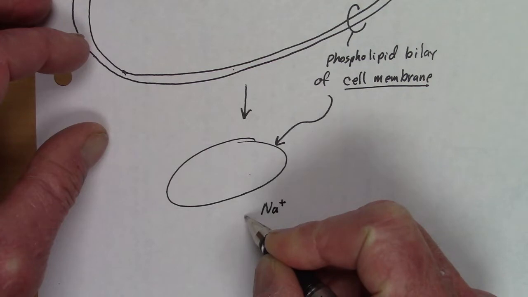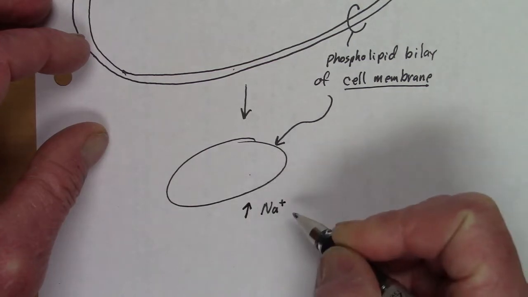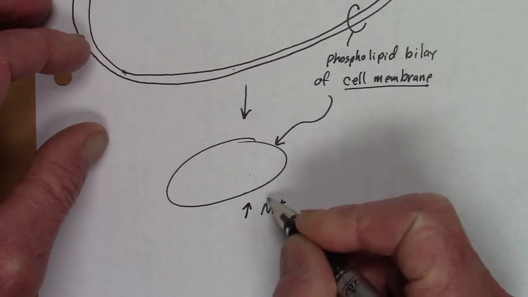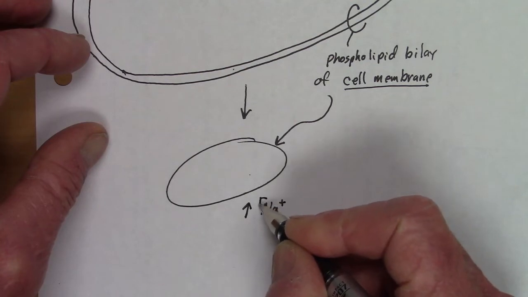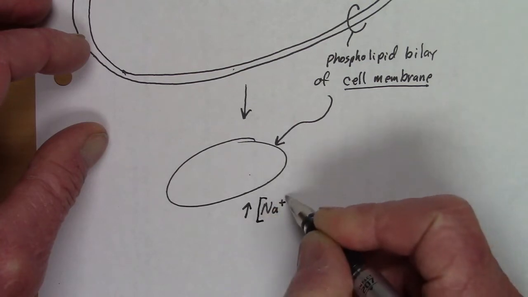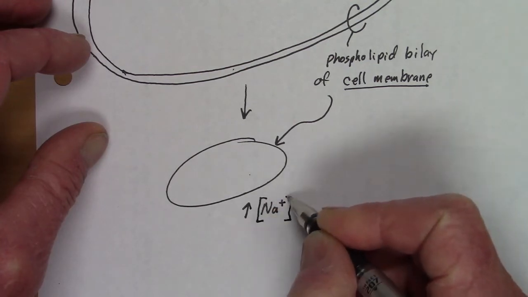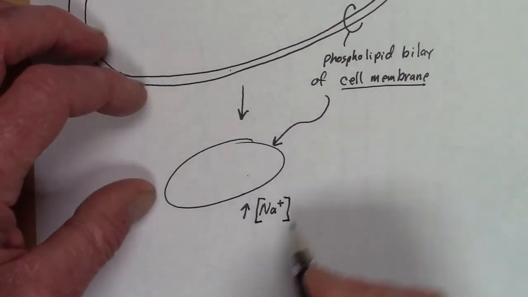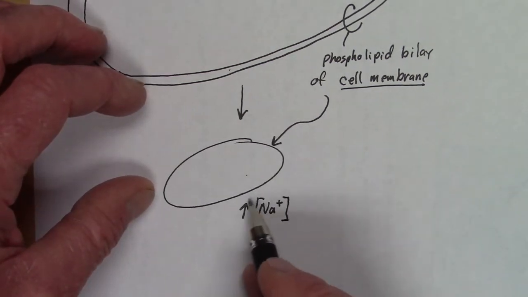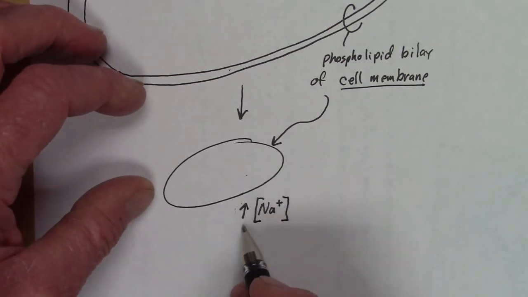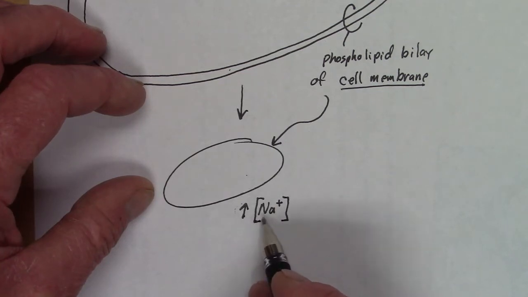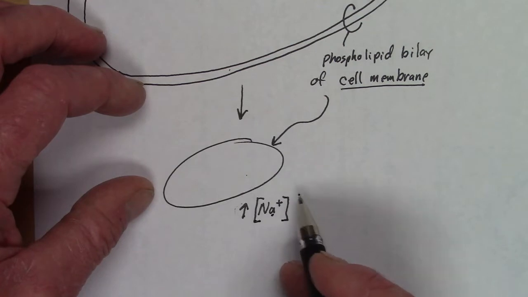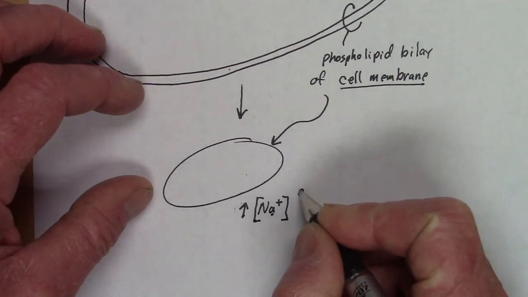So I'll just indicate that with an up arrow for elevated, and using standard notation I'll put this in square brackets, and the brackets just translate to concentration of whatever is inside the bracket. So if you were to look at this part of the figure, you would understand this to mean that there's an elevated concentration of sodium out here in this extracellular fluid.